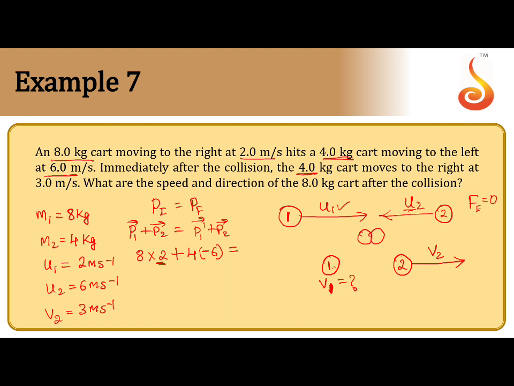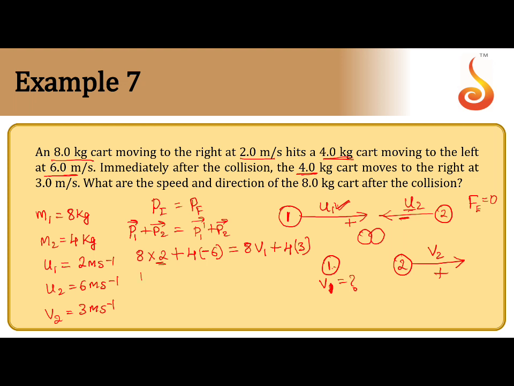for this body I don't know what is the velocity, so I will write it as 8 into V1 plus 4 into, so in this direction I have taken plus, this will be minus, so this will be plus. So 4 into 3.